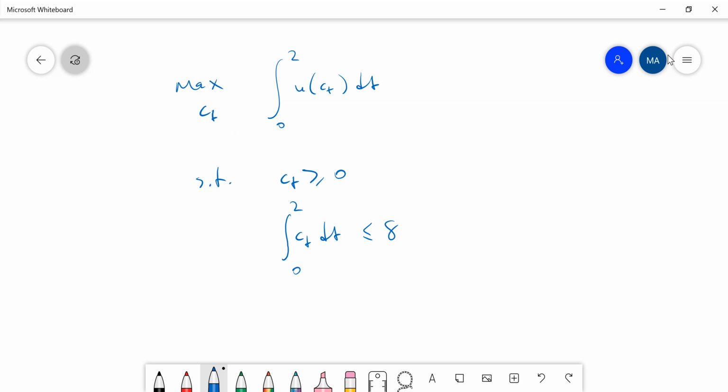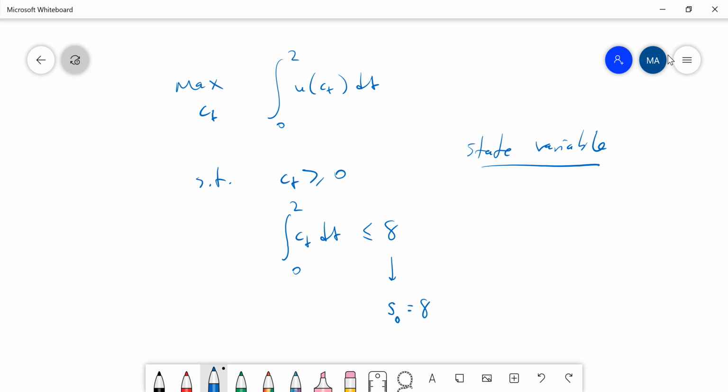Now, there's a practical problem here, because it is difficult to solve this problem. Why? Because there is no state variable. I mean, there's a state variable here. This is the total amount of cake. If you denote this by S, you have S0, right?